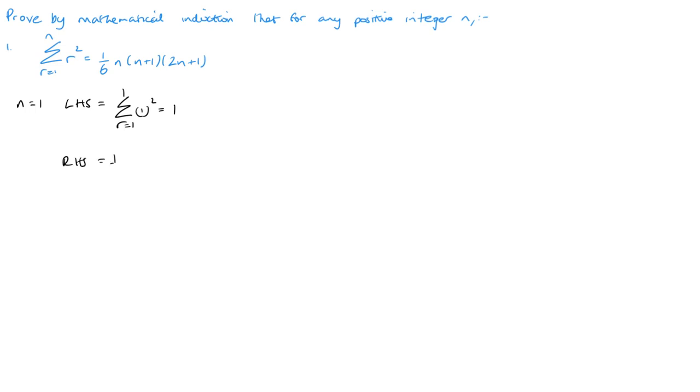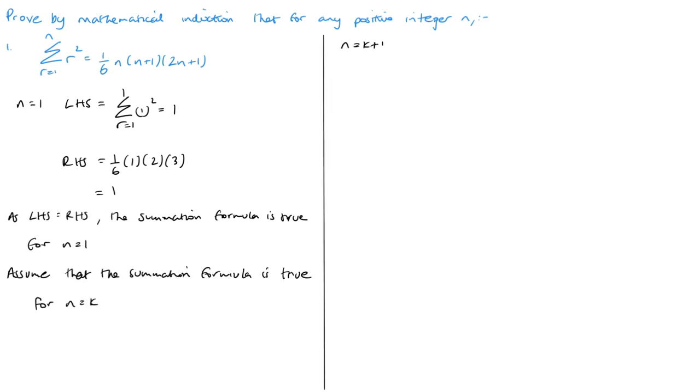The right hand side is 1/6 times 1 times 2 times 3, which is 1. Left hand side equals right hand side, and then of course assume true for n equals k.